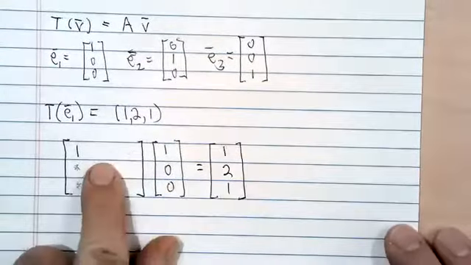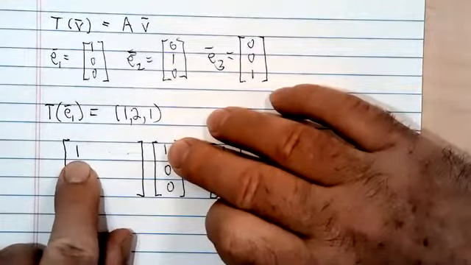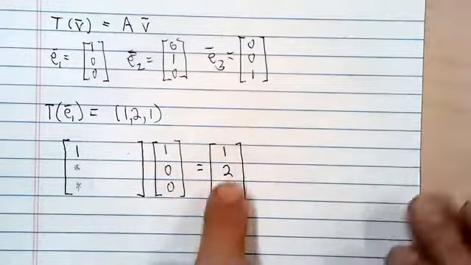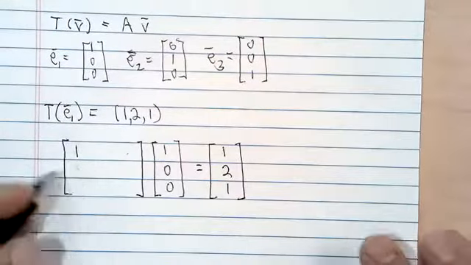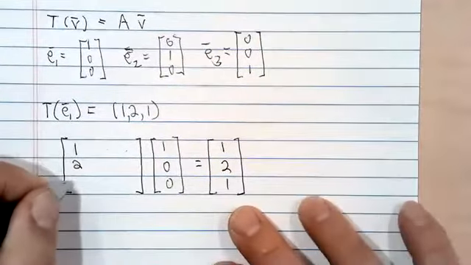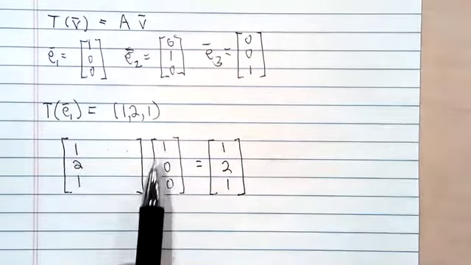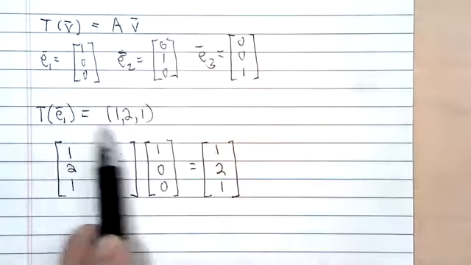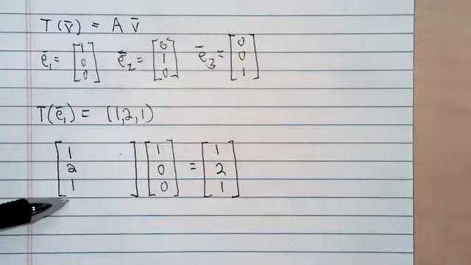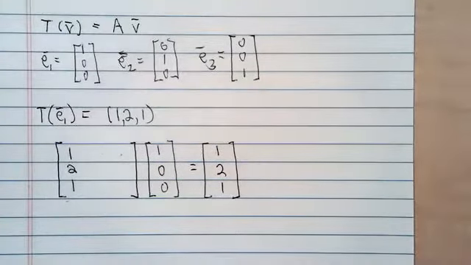Now, this number and this number don't make any difference right now, because you have 1 times 1 is 1, plus 0 is 1. In the same way, this entry right here is going to have to be a 2, and this entry right here is going to have to be a 1. And it's just because I'm multiplying by the first basis vector. Okay, so this information right here tells me the first column of this coefficient matrix.